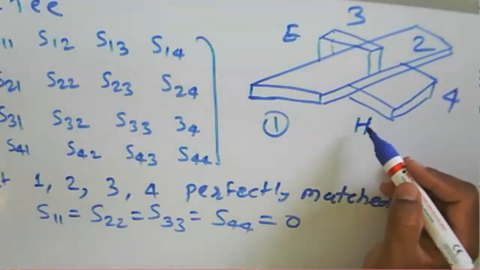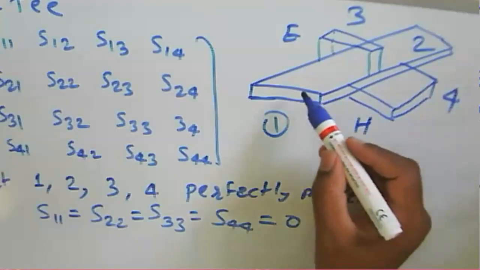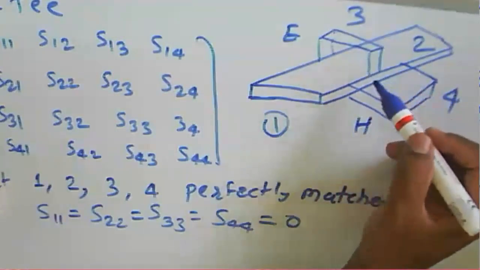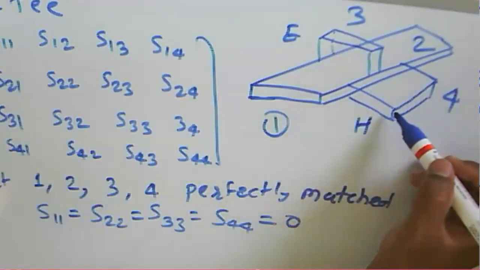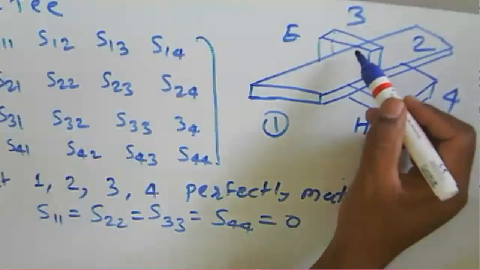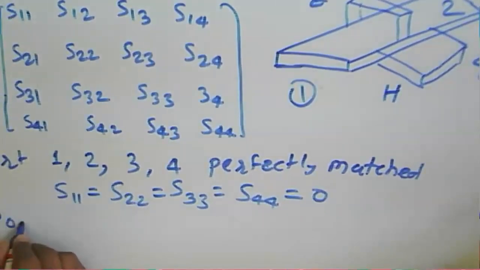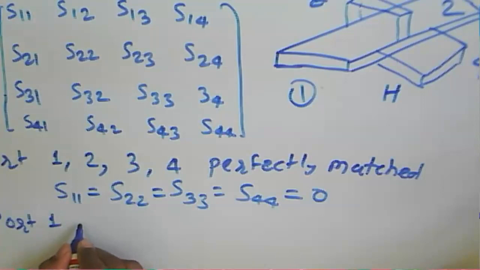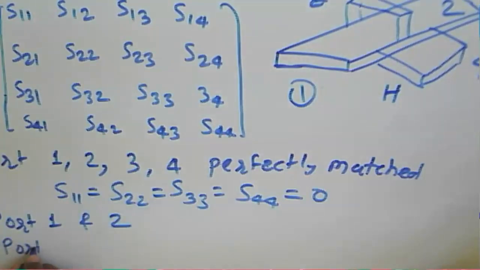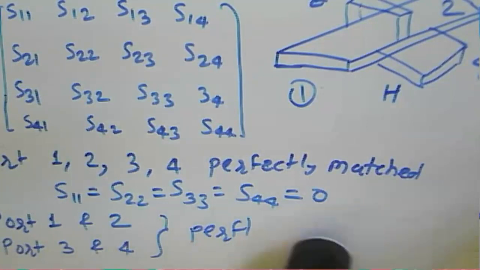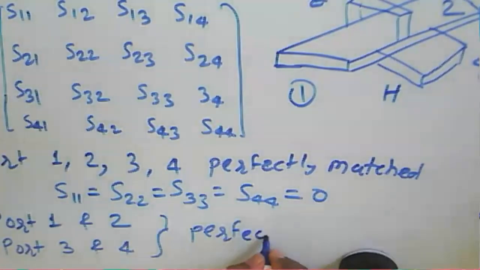Again, if we provide the input at port 4, the output is equally divided in port 1 and port 2, with no output at port 3. This means port 3 and port 4 are again perfectly isolated. So port 1 and port 2, and similarly port 3 and port 4, are perfectly isolated.